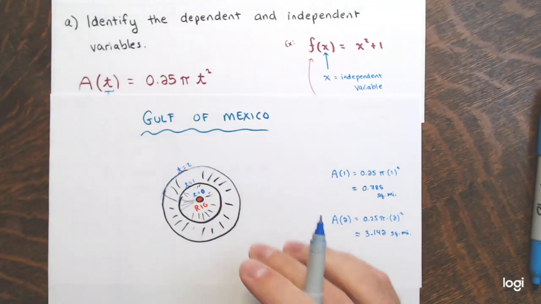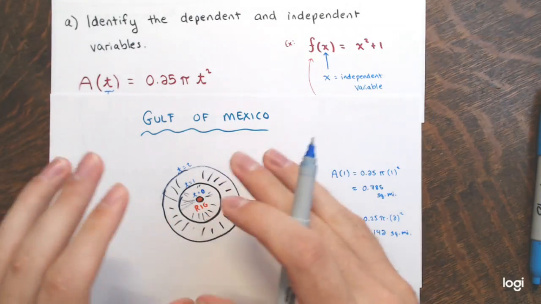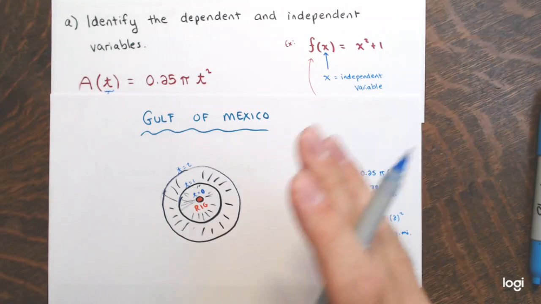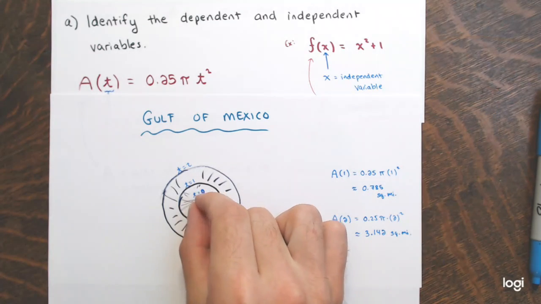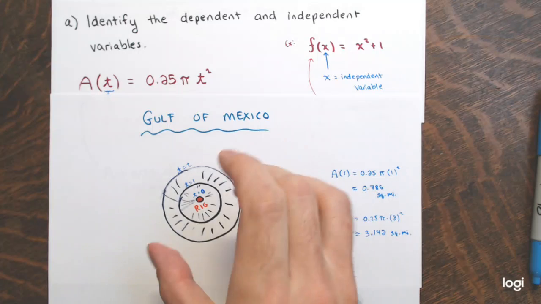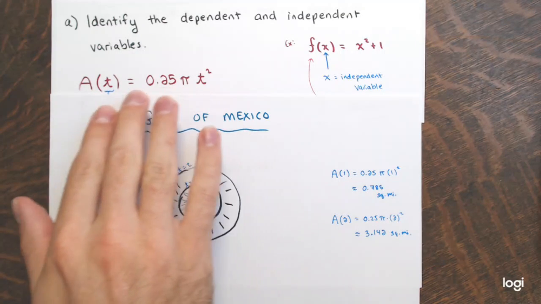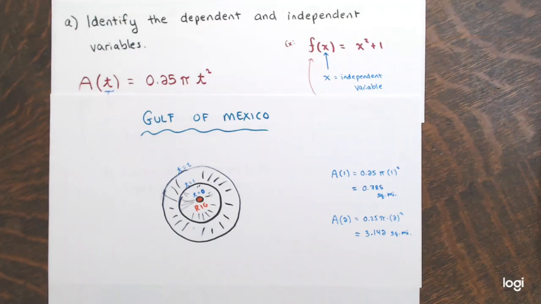Hopefully you can see what's happening in my picture. It's not moving, but hopefully you can feel it moving in your mind. It starts off at the rig and then keeps expanding, larger and larger circles, the more time goes on. That's a little diagram of what's happening in this problem, where the area of the oil slick is modeled by this function.